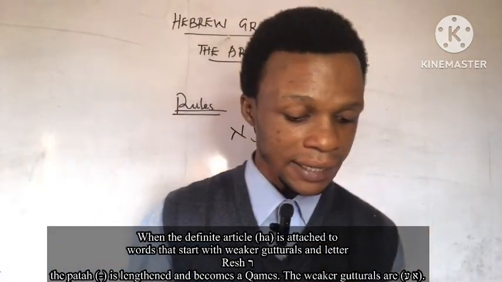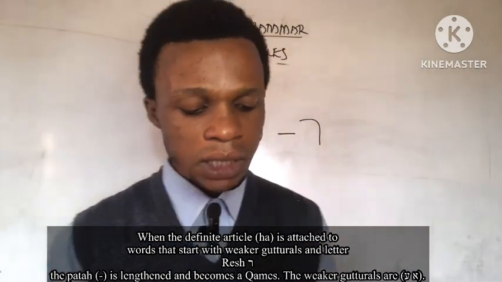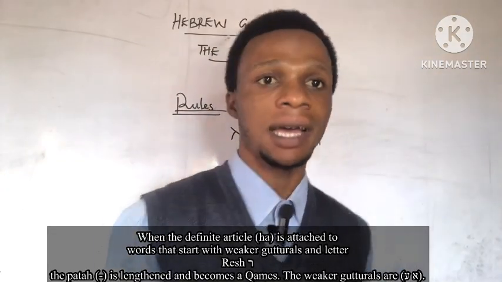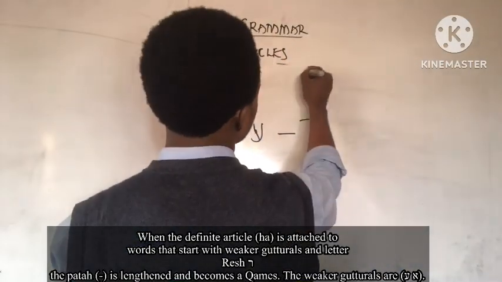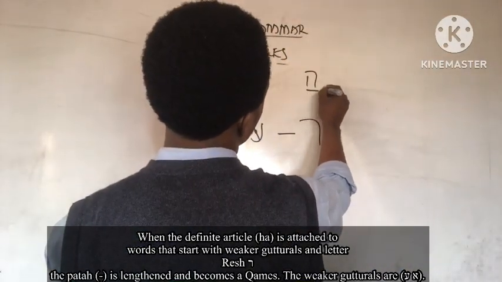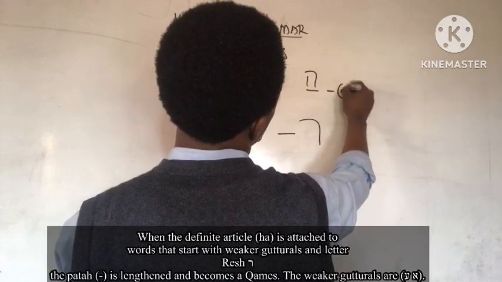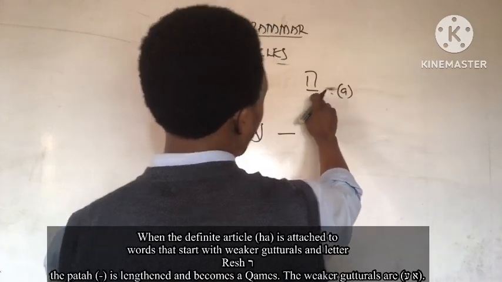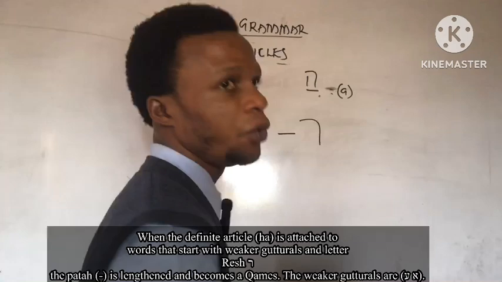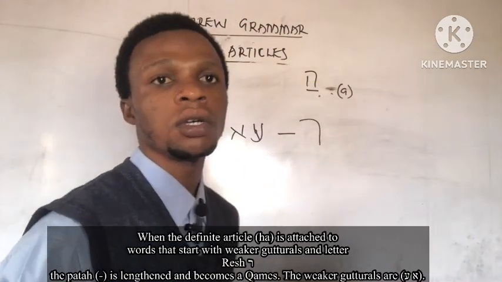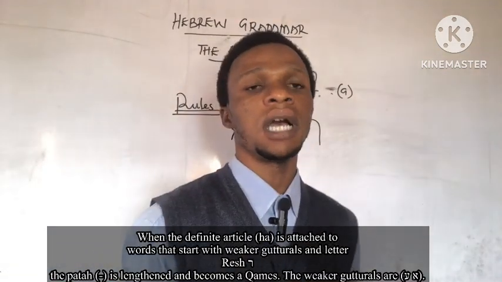The rule states that the patach under the ha, which is a short a, will turn to a long a, which is kamet.